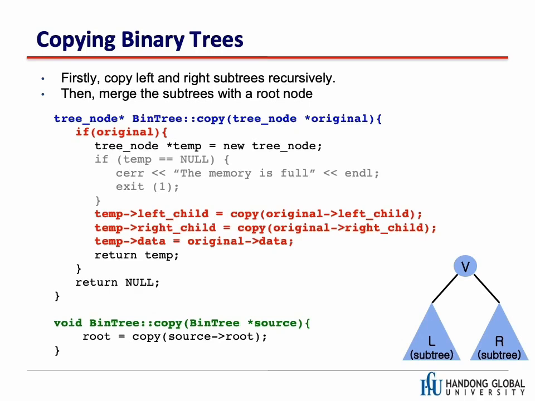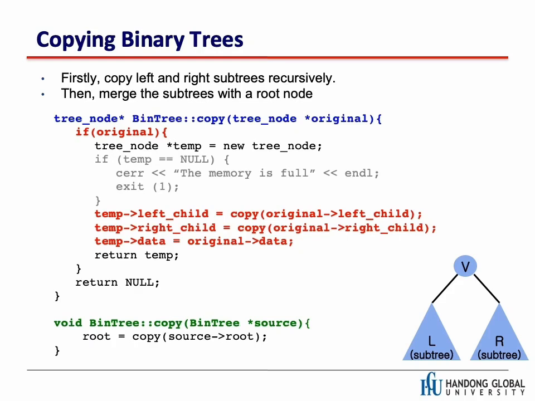The function implementation in this slide takes a tree node pointer and returns a tree node pointer. When we get a binary tree pointer, how should we copy? In the second function here, we get the binary tree pointer, and root is the current class's root.